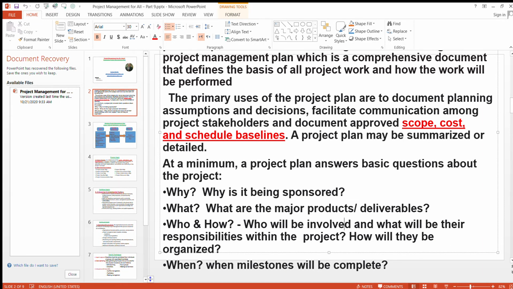Milestones are the major activities of the project, like getting the budget approved, getting the cost baseline and schedule baseline approved, producing some major activities. That's the major milestones.